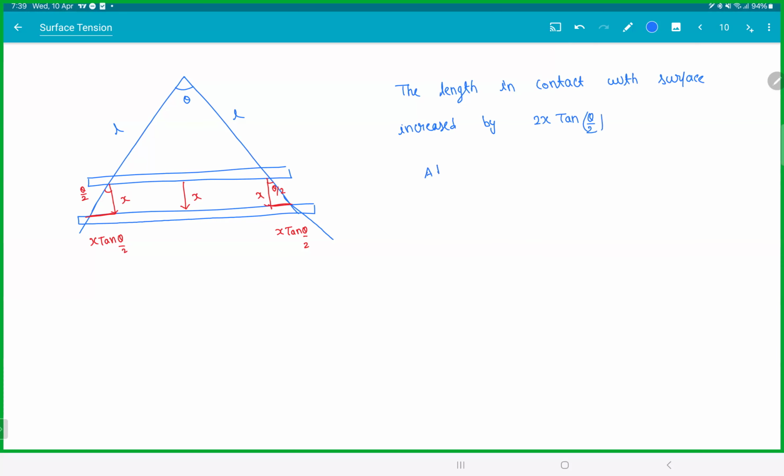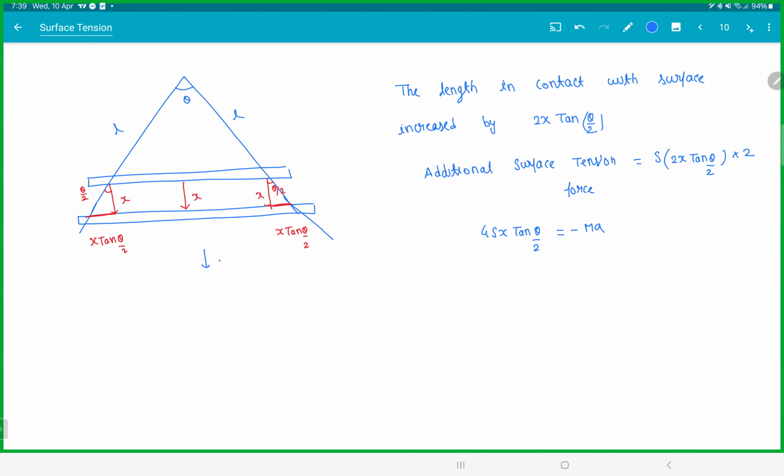Therefore, that additional surface tension force, we are not writing the initial forces. The additional surface tension force will be surface tension, the additional length 2x tan theta by 2, into 2 because there are two surfaces. So 4Sx tan theta by 2 is equal to mass into acceleration.